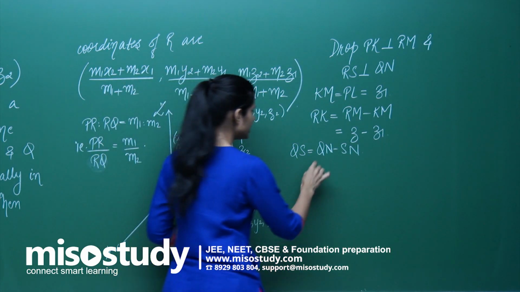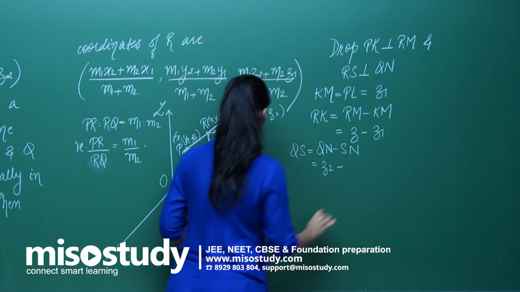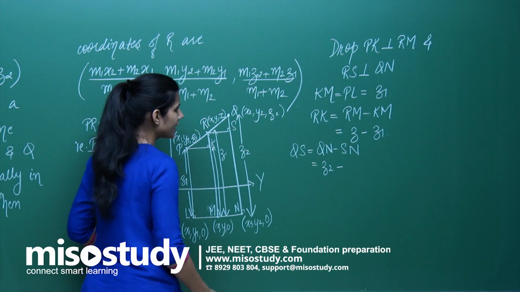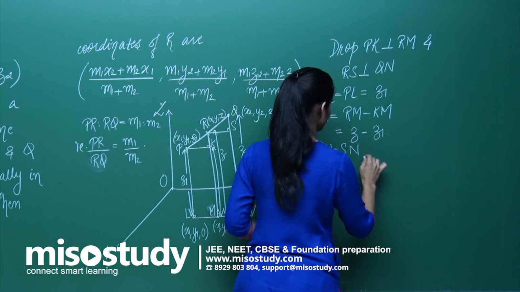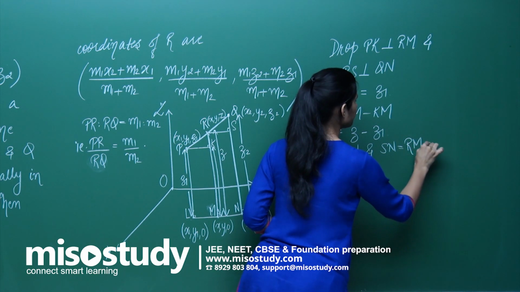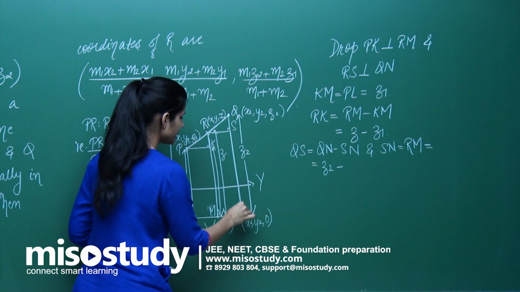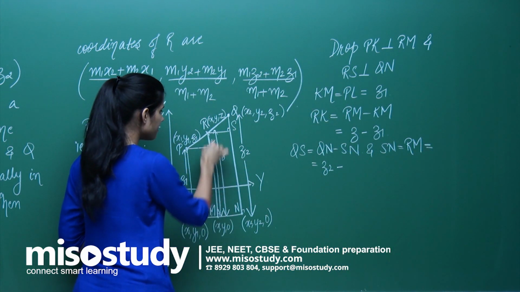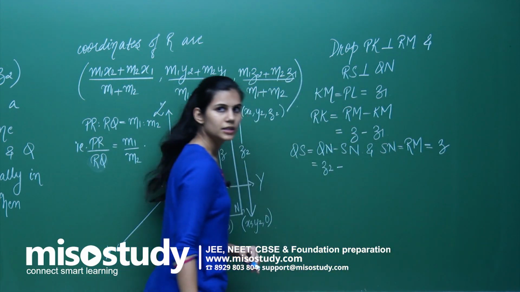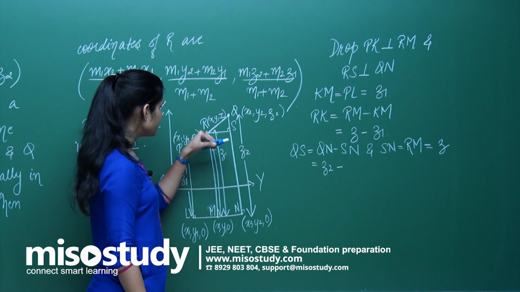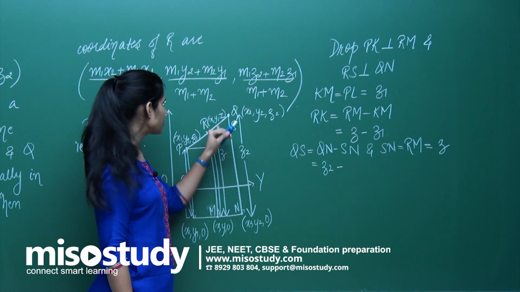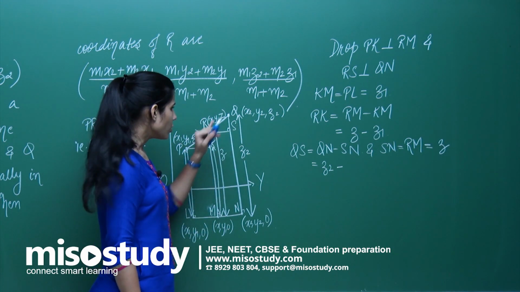Now QN you know is z2. SN is equal to RM. You can see this, SN is equal to RM and this is equal to z, because RM is the length of the perpendicular drawn from R to the xy plane, which is equal to the z coordinate of R, that is small z.